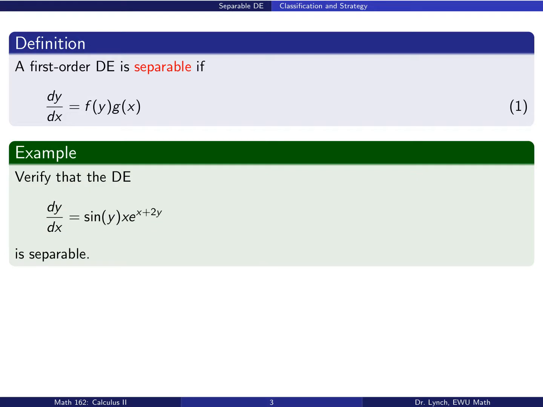This differential equation, dy/dx equals sine of y times x times e to the x plus 2y, turns out to be separable. And to see that, we can formally separate and express the right-hand side as f of y times g of x.